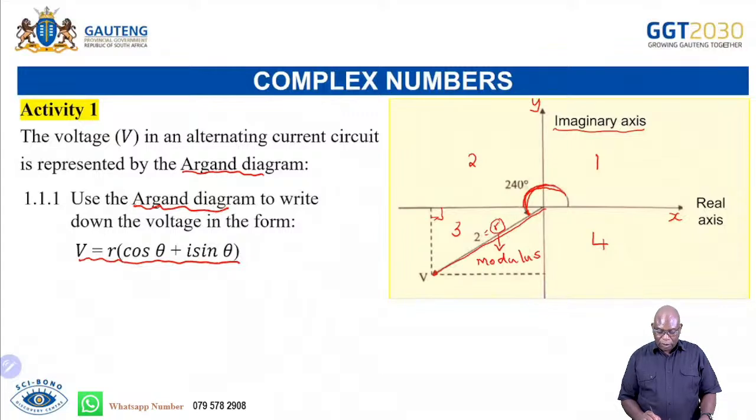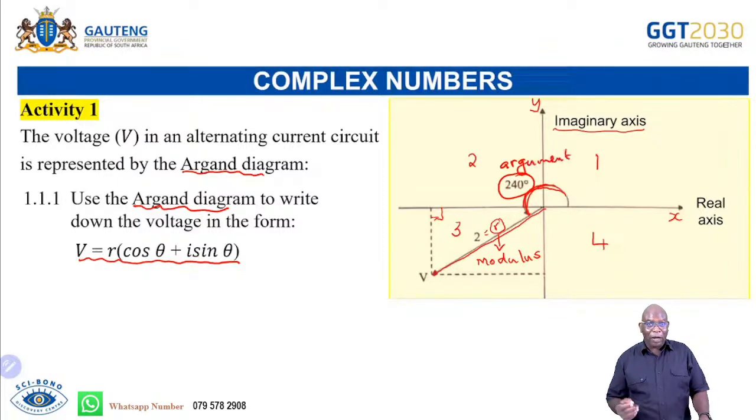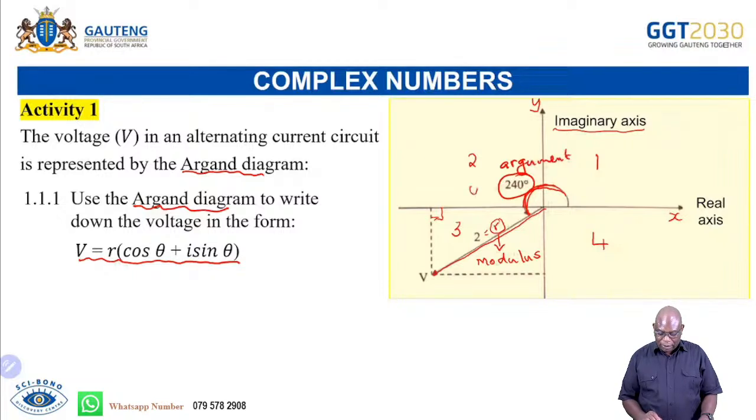That angle here we call an argument. By now, you must know these terms. So now we have the modulus and the argument, and we need to write it in that form. We know that R will be the modulus, and that theta there, which is the argument, is 240.